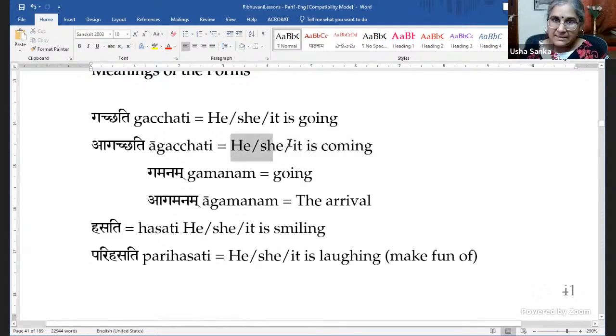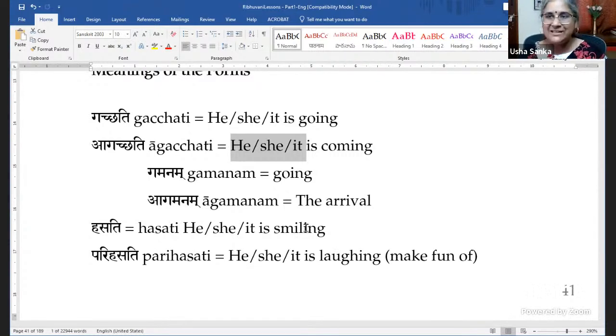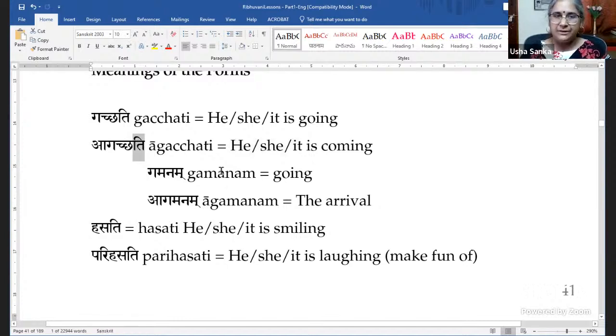Now we will replace this with you singular. What will be the form? We want to replace it with you are coming. So this element will change, right? The t will change to si, and agachati will become agachasi for you singular.